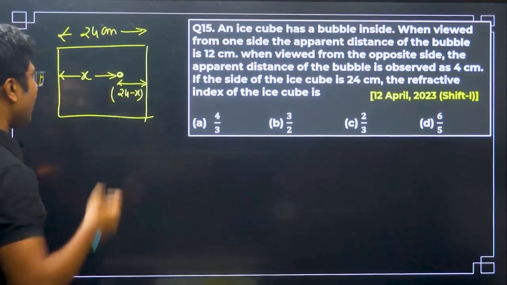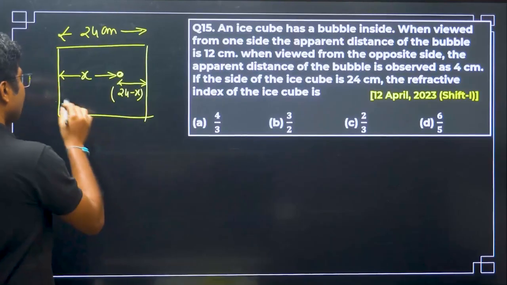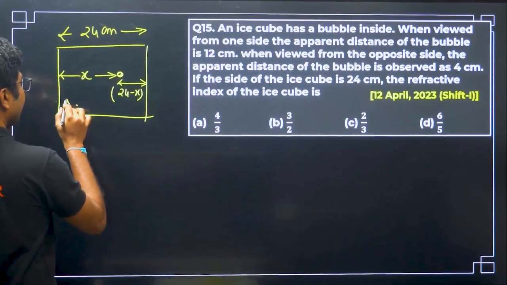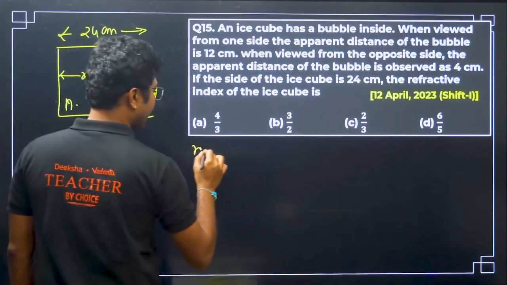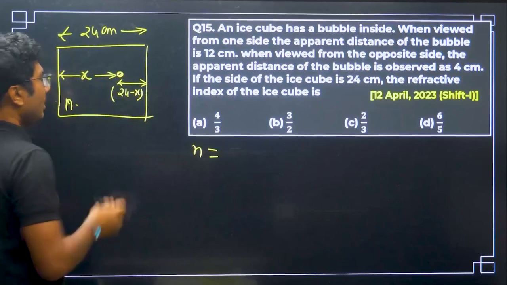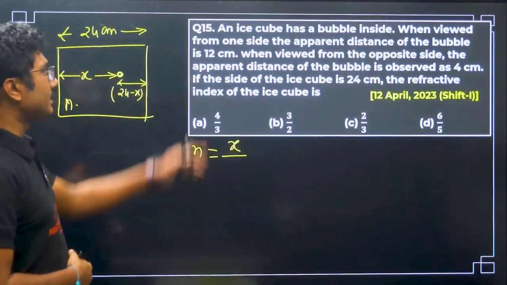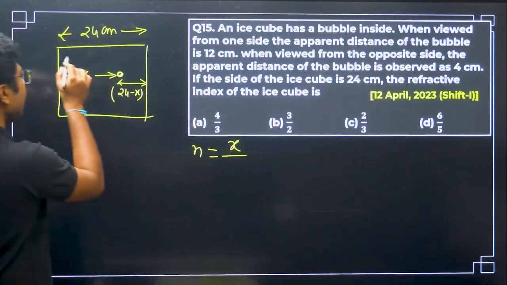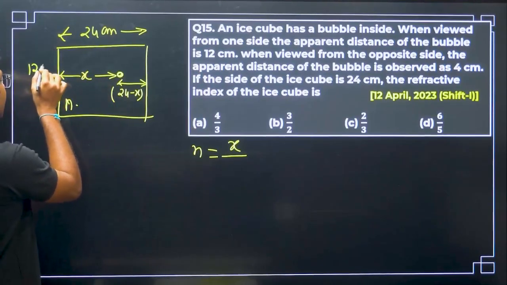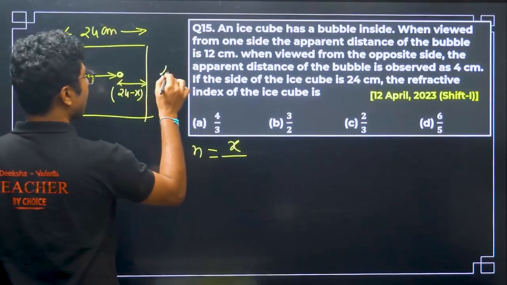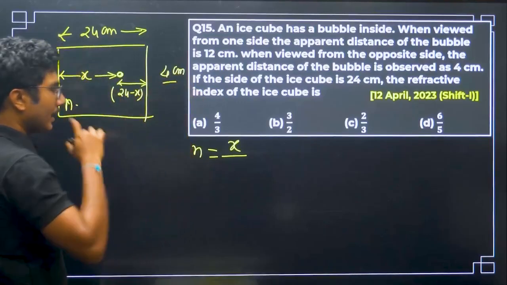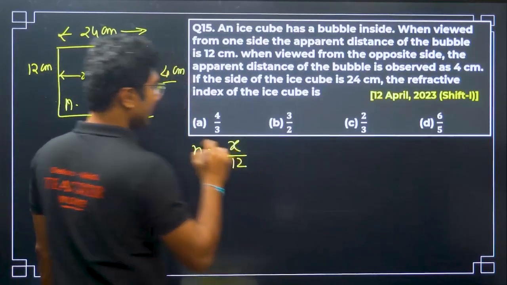right. Now there is a formula for refractive index. The formula for refractive index n is given by n is equal to the actual distance divided by the apparent distance. From this side the apparent distance is 12 centimeter and from this side the apparent distance is 4 centimeter. Okay. So x by 12 is the refractive index.